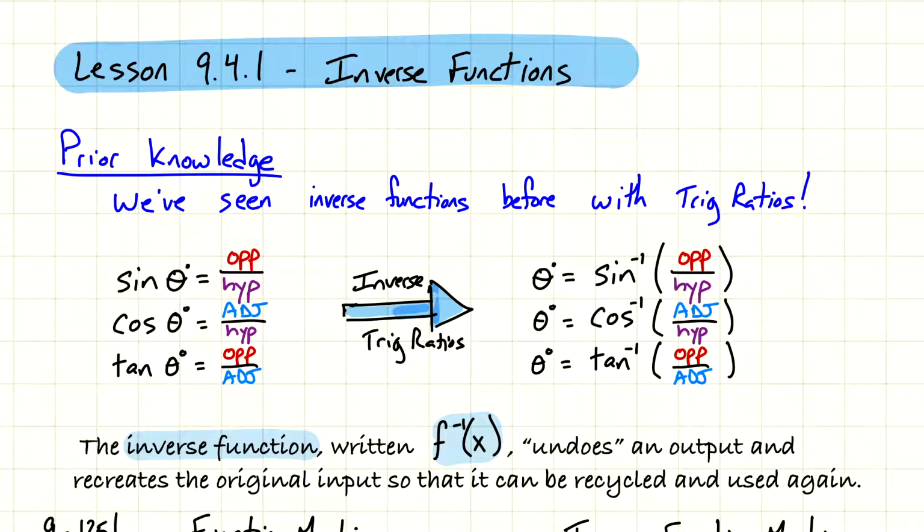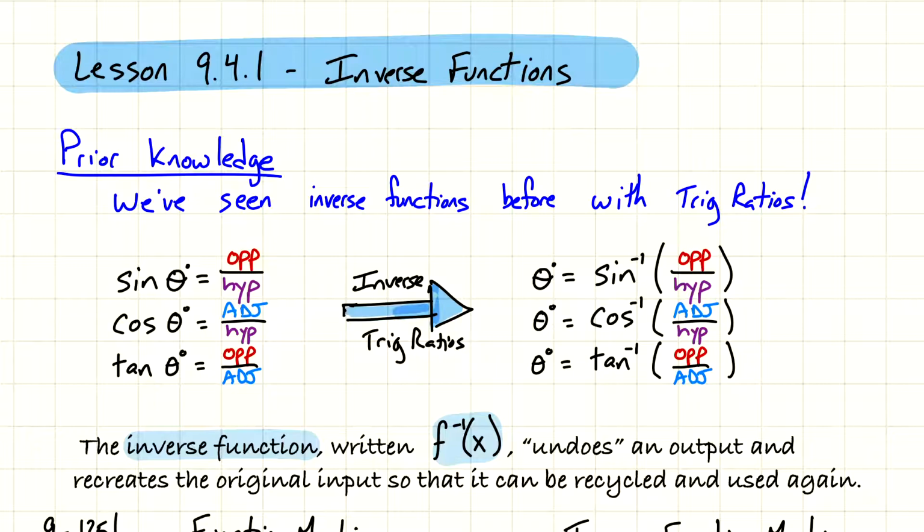All we would need to do is give it the angle, and it would give us a ratio. Now, the inverse trig ratio worked the opposite. We would give it a ratio, that would be considered the input, and the output would be the angle measurement. So that's one thing to think about.